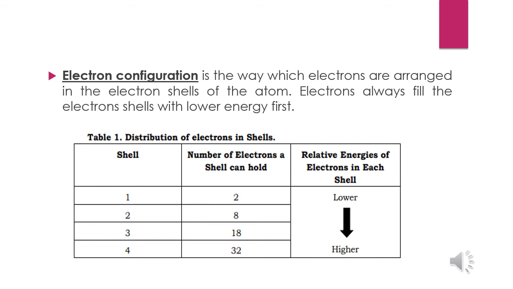The number of electrons a shell can hold is 2 for shell 1, 8 for shell 2, 18 for shell 3, and 32 electrons for shell 4. The relative energies of electrons in each shell go from lower to higher energy.